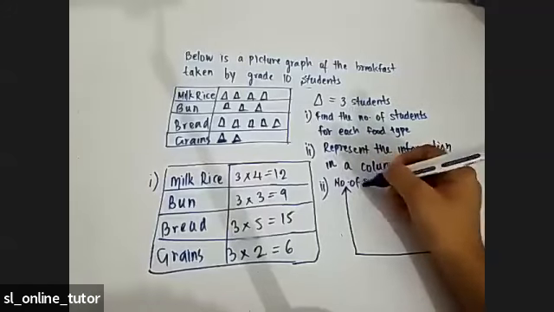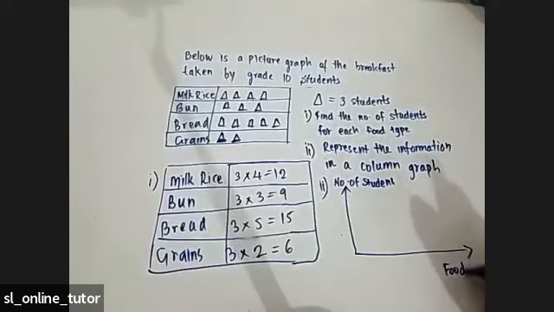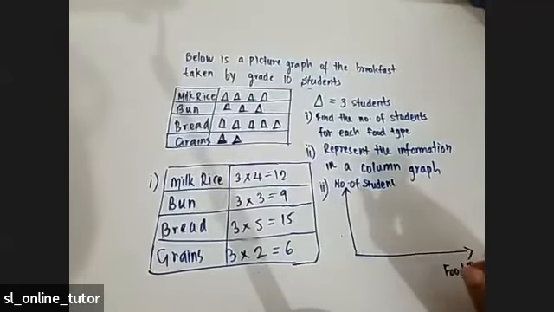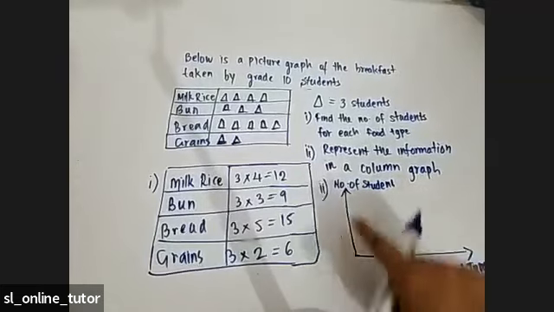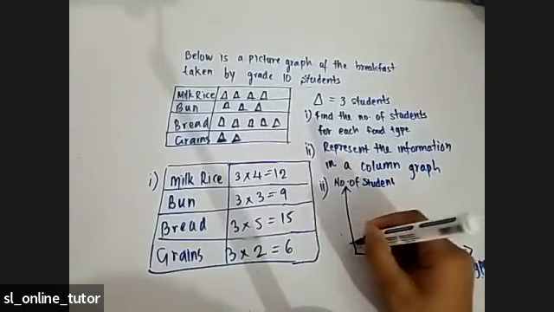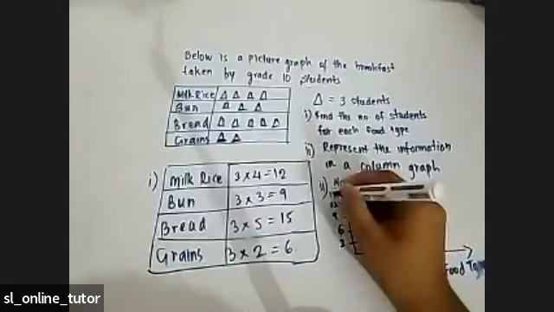Number of students we can take for y, and the type of food can be named for the x-axis. In your level exam, if you get this type of question, for naming the axes you gain marks. The number of students is in multiples of 3, so we can go with 3, 6, 9, 12, 15, like that.